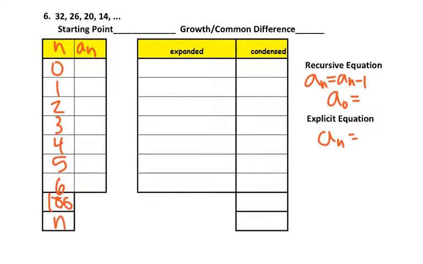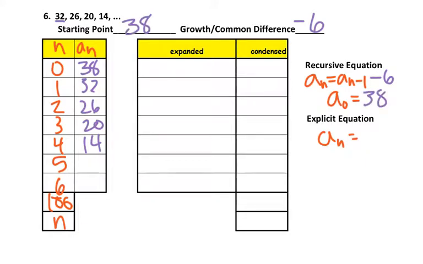Okay. We would have started with 32, then 26, then 20, then 14. So it looks like we are subtracting by 6, aren't we? Okay, so we're subtracting by 6. That's our growth. Going backwards, adding 6 to 32 would say we start at 38. Okay, so subtracting by 6, that would be 8, and that would be 2.